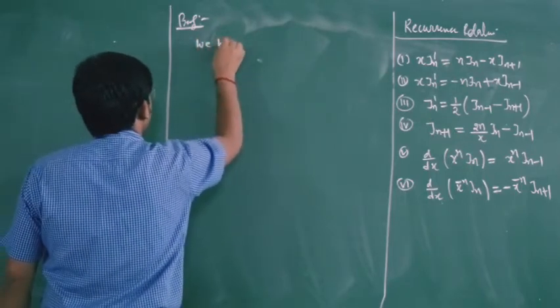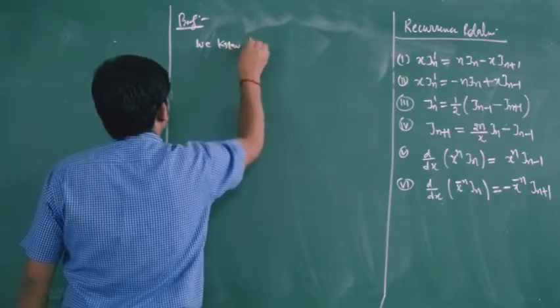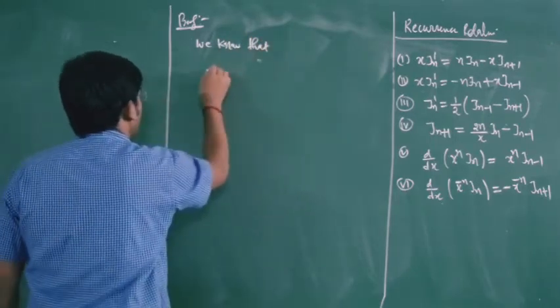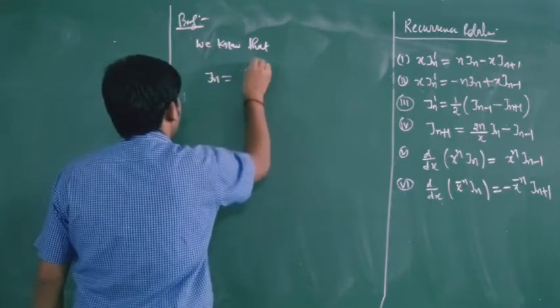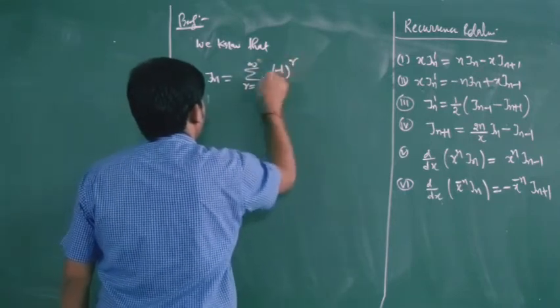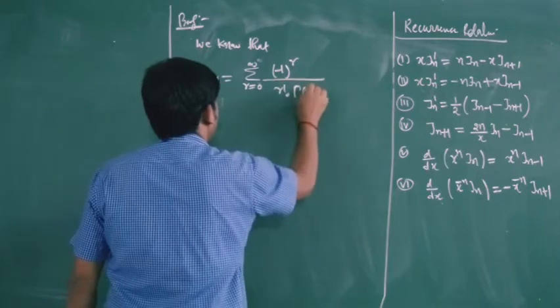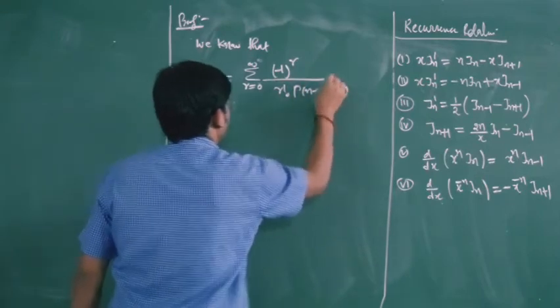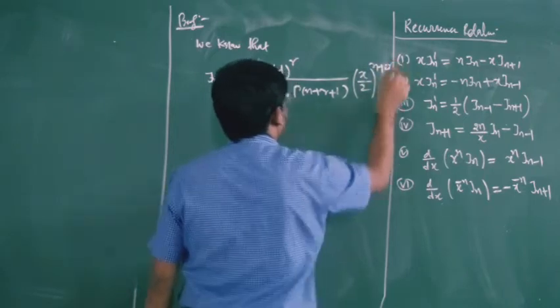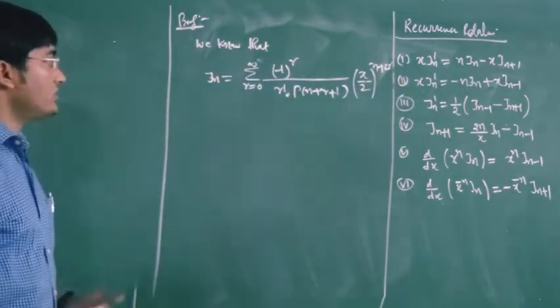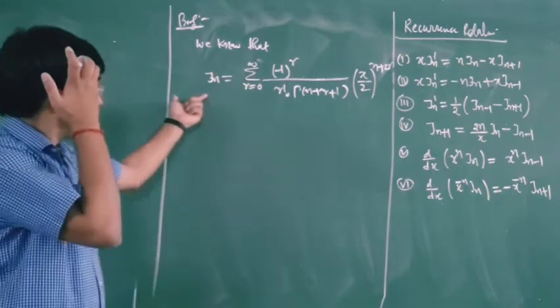We know that Jn equal to summation r equal to 0 to infinity (-1)^r / (r! Γ(n+r+1)) times (x/2)^(n+2r). So this is your definition of the Bessel function of first kind.